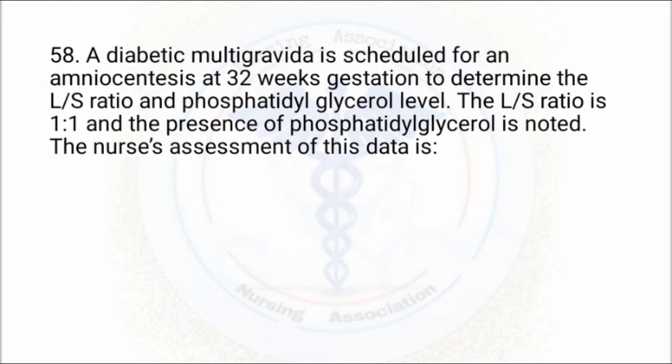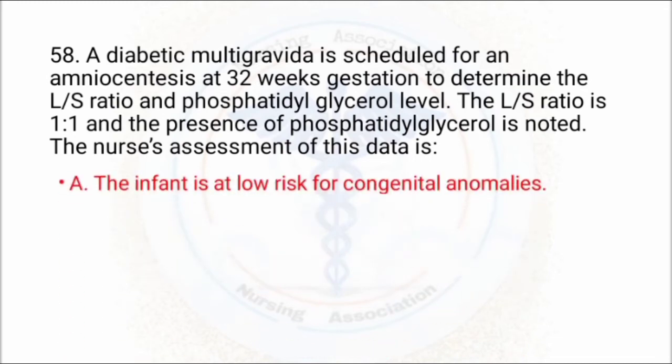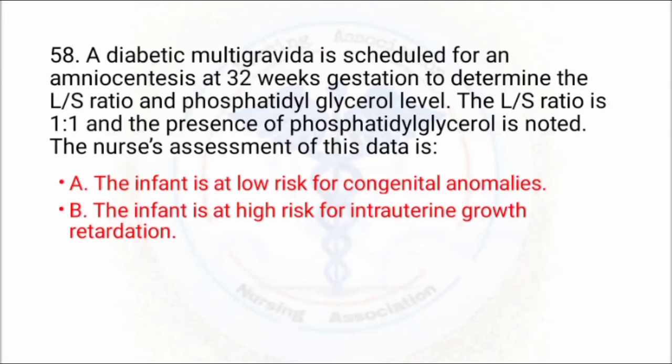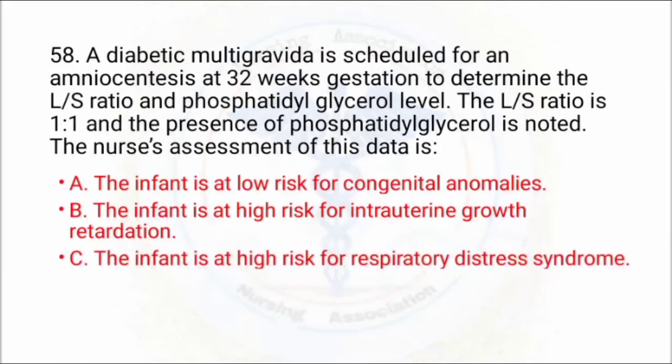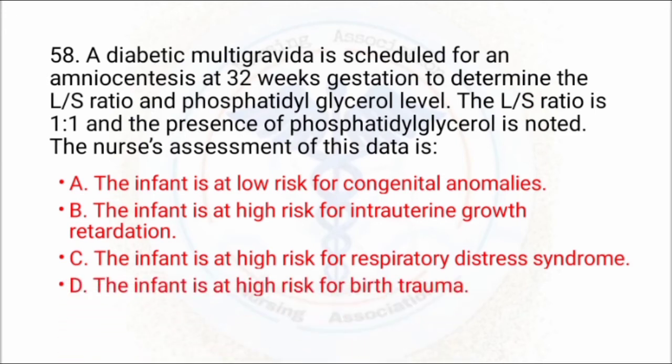The nurse's assessment of this data is option A, the infant is at low risk for congenital anomalies. Option B, the infant is at higher risk for intrauterine growth retardation. Option C, the infant is at high risk for respiratory distress syndrome. Option D, the infant is at high risk for birth trauma.